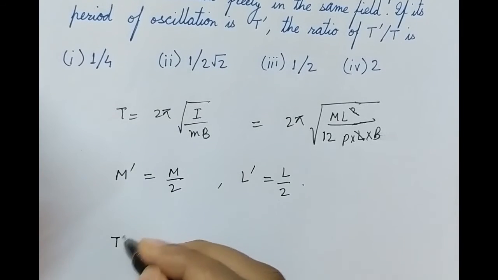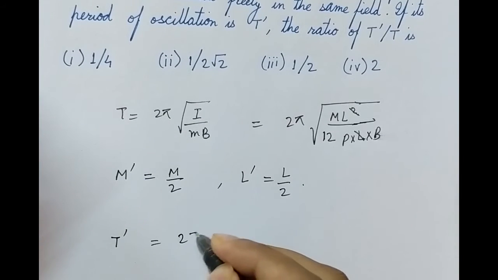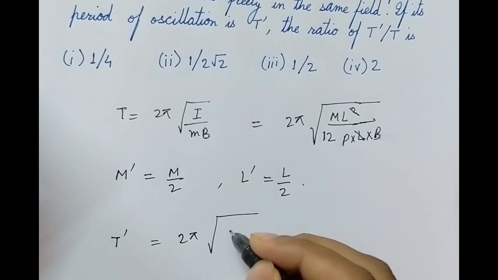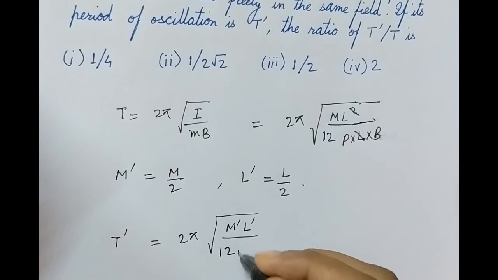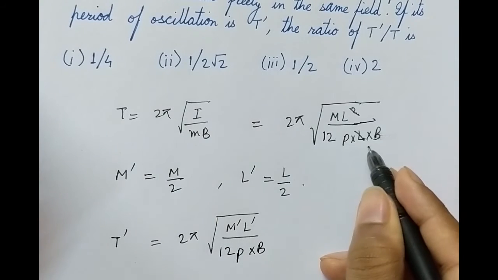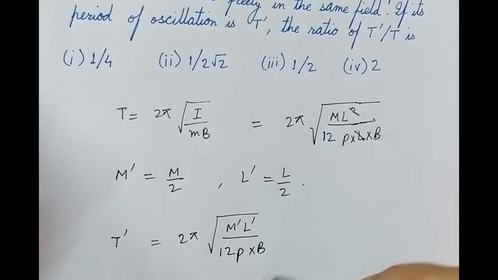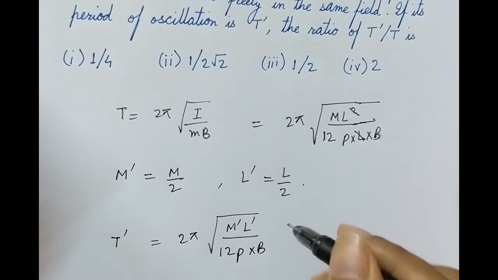If we do that, we can replace T dash is equal to 2 pi root over of m dash L dash square by 12 P into B. From this formula, remember the monopole strength does not change even if you split the magnet.